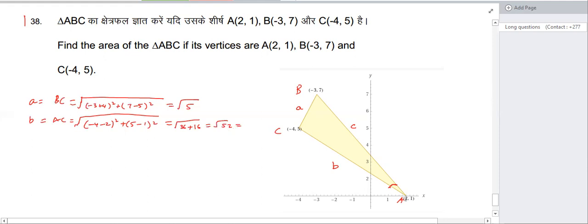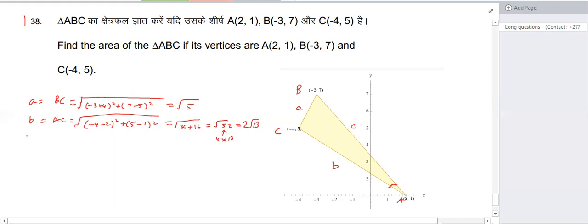And the square root of 52 is the square root of 4 times 13, so it can be simplified as 2 root 13.